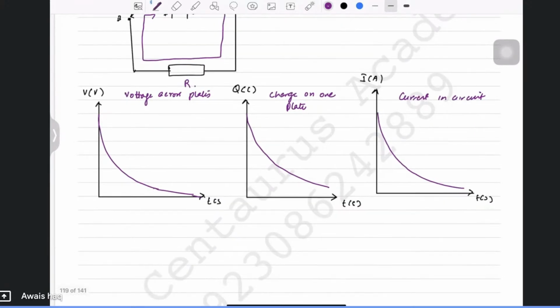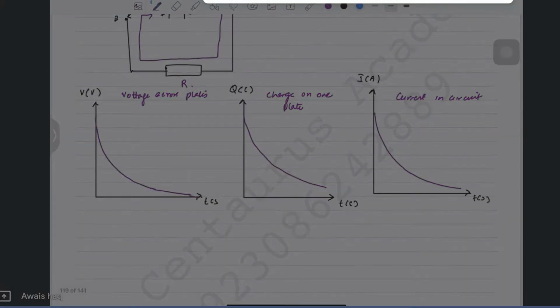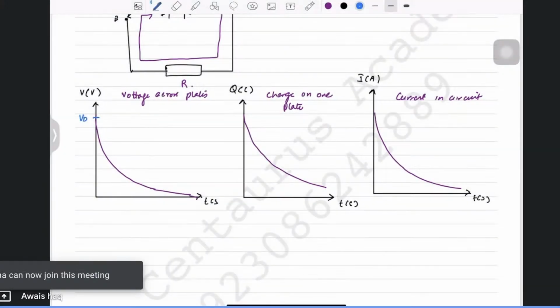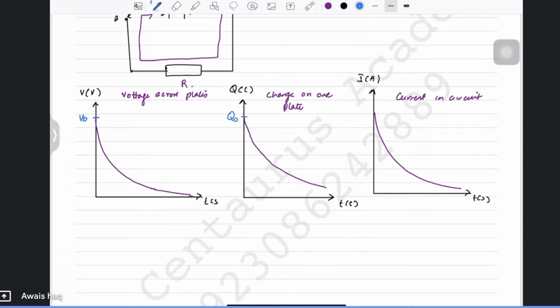Which means that for each one of them we can write the same formula. For example, the highest value is V naught, then this value is Q naught, this is I naught, and you can check voltage at any point with respect to time.